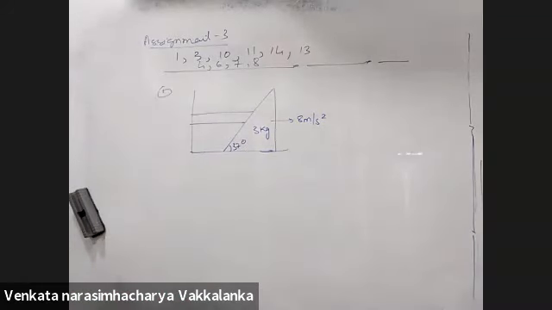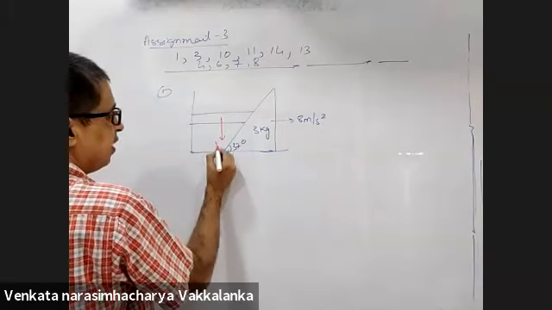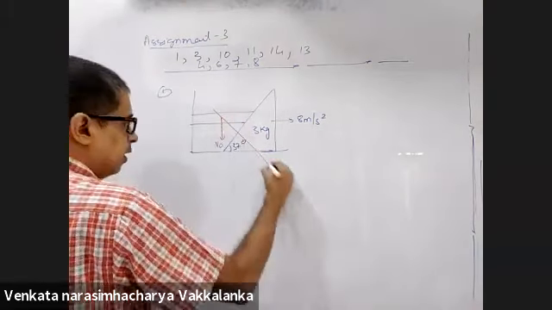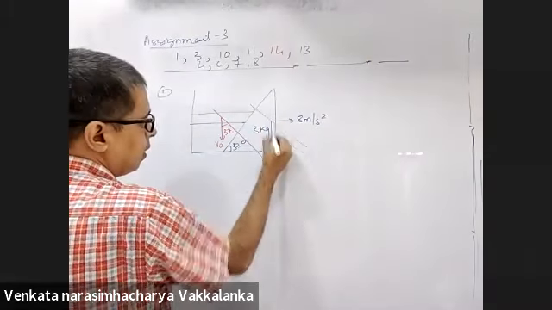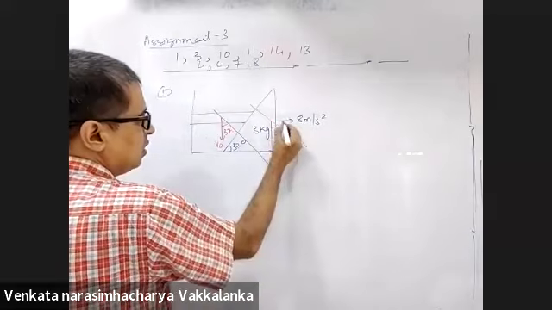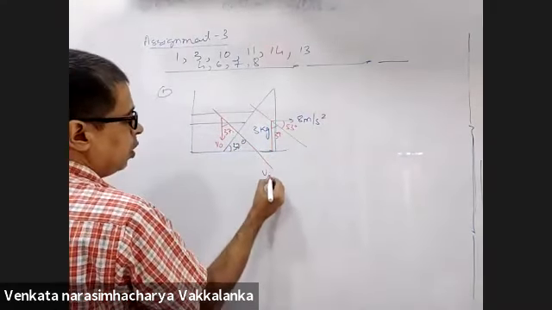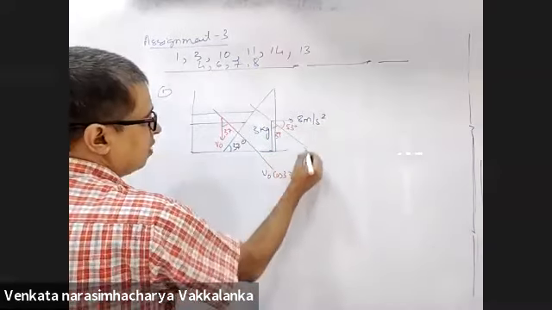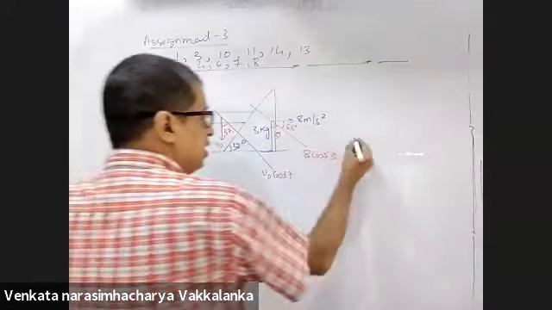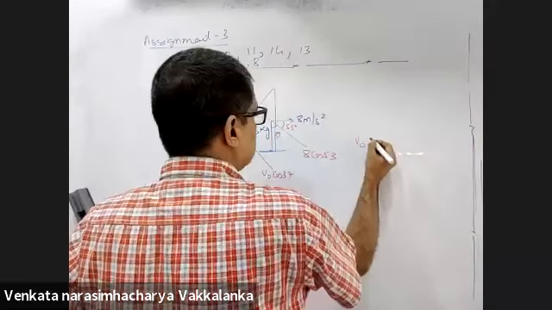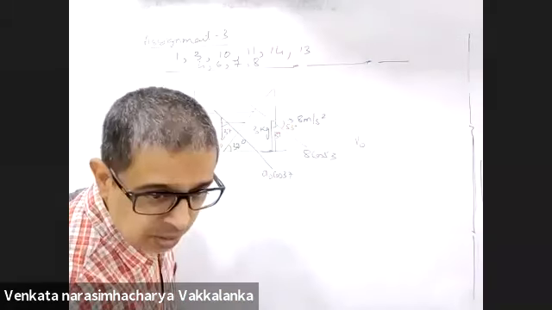If I call this V naught in this direction, this angle is 37°, and this angle is 53°. V naught cos 37 will be equal to 8 cos 53. Equate both of them. I should get, sorry, acceleration. This is A naught, because this is 8 meter per second square, right?